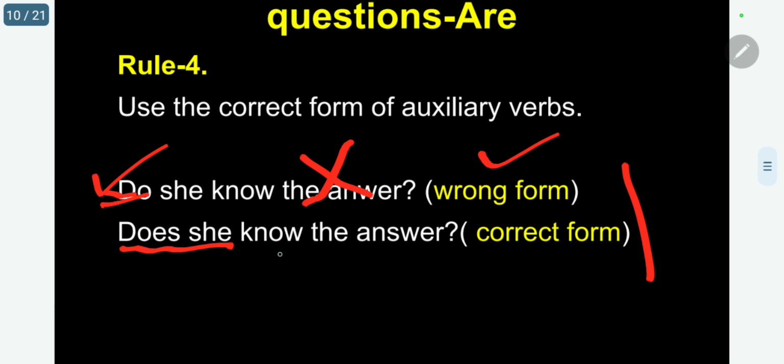Does she know the answer? For do you, do we, do they, you can use do. For third person singular, you have to use only does. The rule says use the correct form of the auxiliary verb depending upon the noun or pronoun, singular or plural.